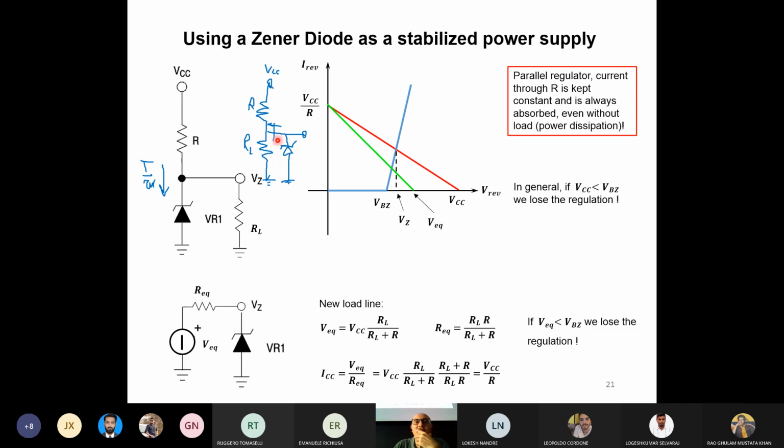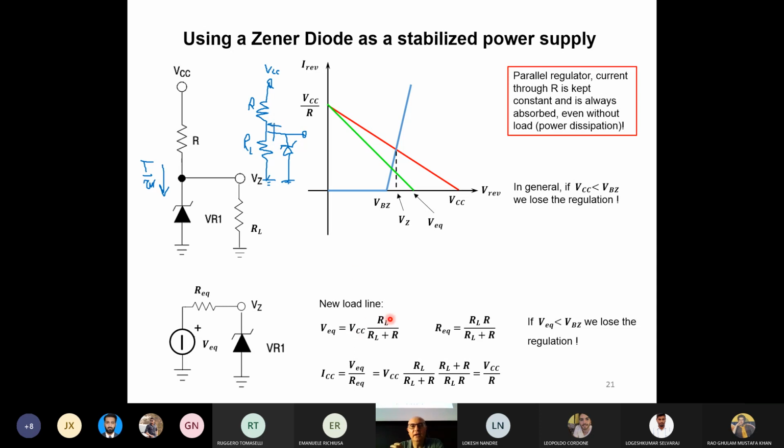They make a voltage divider. So I can calculate the equivalent Thevenin circuit for this voltage divider. That's the equivalent circuit. How can we calculate? The equivalent voltage is simply the output voltage with no load of this voltage divider. So how much would be the voltage here if I take off the Zener diode?